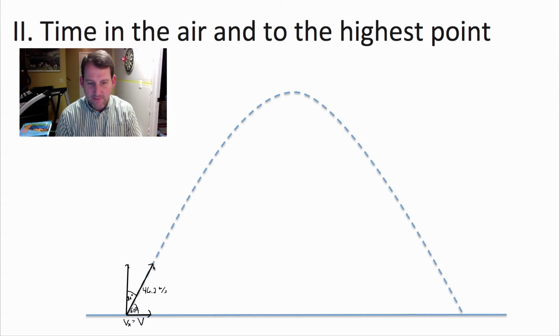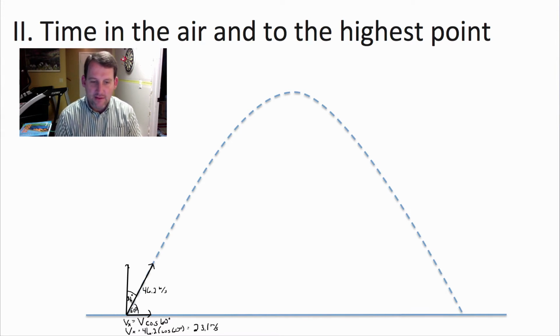If it had been opposite, it would have been this side, it would have been the sine of that angle. So V cosine of 60 degrees. That'll give us our V sub x. Let's finish that off real quick. V sub x is equal to V, which is 46.2, times the cosine of 60 degrees. When you do this in your calculator, you find that the answer is 23.1 meters per second.